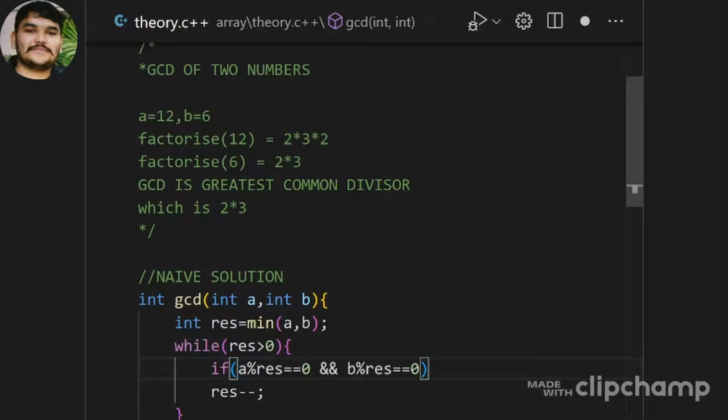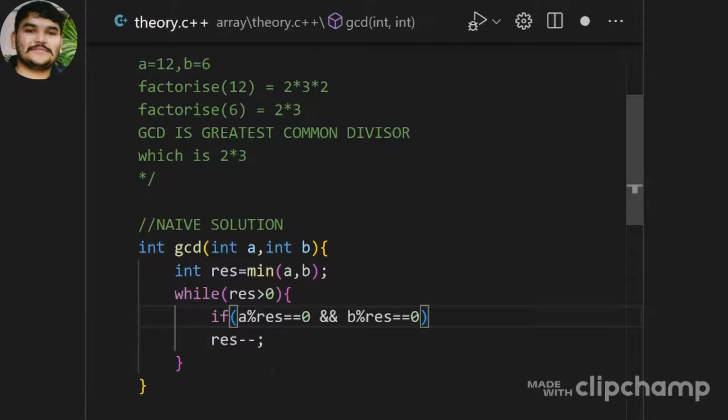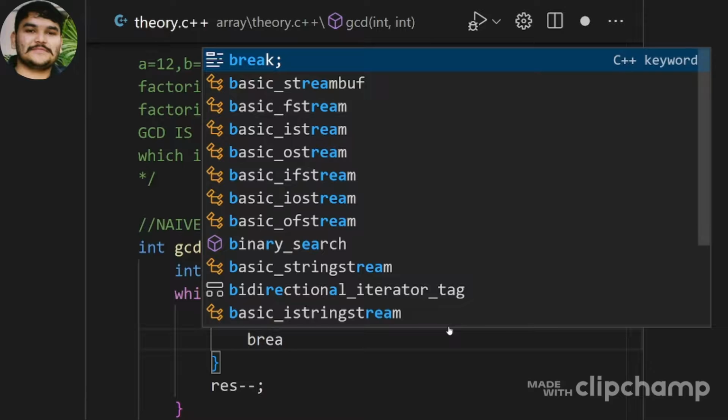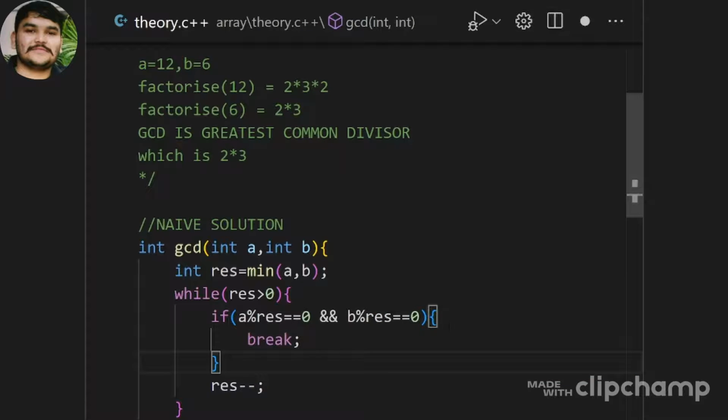That means it is a divisor. Itself it is a divisor, but we are not sure that it is the greatest. So to check that, we have to decrement result each time by 1. And when we get that, we break from the loop.